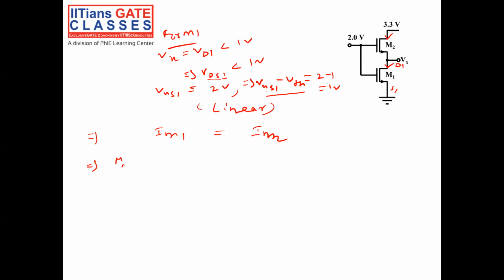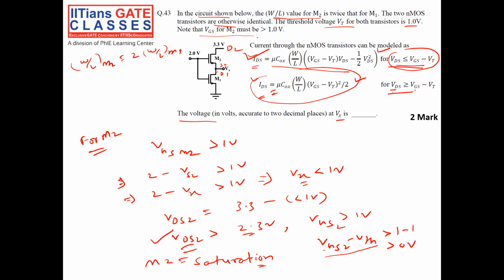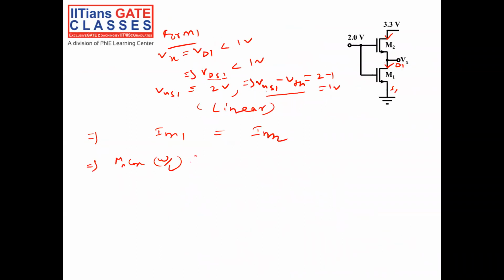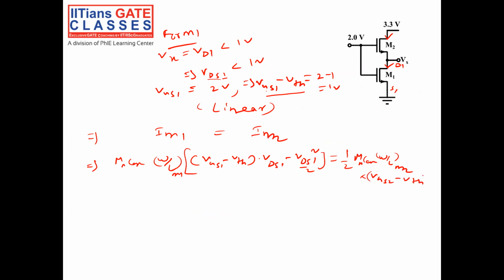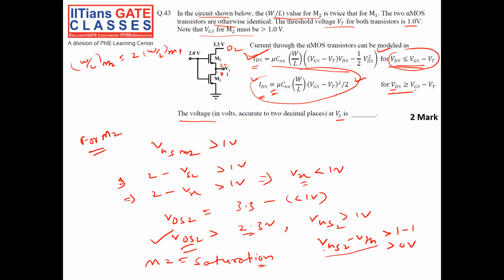IM1 is mu1 Cox W by L times VGS1 minus VTH1 into VDS1 minus VDS1 square by 2, is equal to half mu1 Cox W by L of M2, into VGS2 minus VTH whole square, because for M2 we have to apply this equation, right.